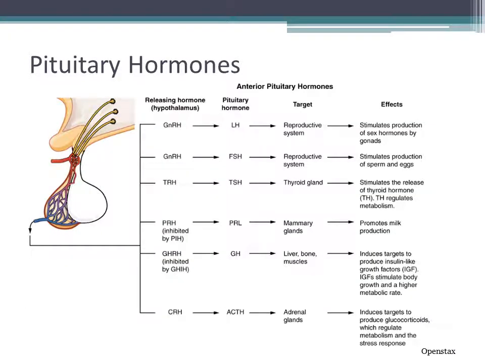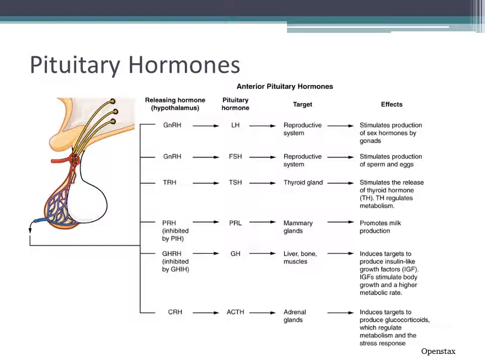Now, pituitary hormones are under the influence of hypothalamic hormones, starting with the gonadotrophs, which are LH and FSH. Those 2 are under control of GnRH, gonadotropin-releasing hormone. And so GnRH will go into the pituitary, stimulating production of LH and FSH, which will go to the gonads in the male testicles and the female ovaries to produce sex hormones.